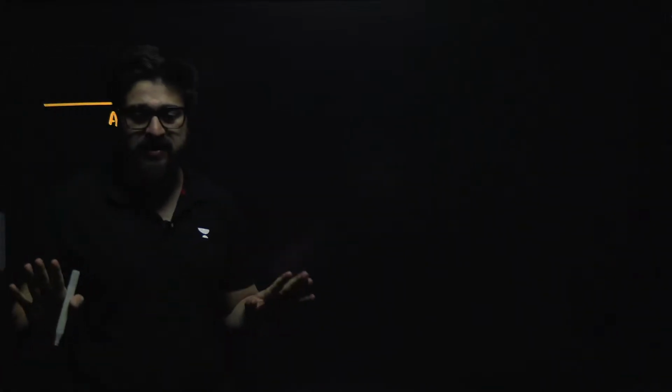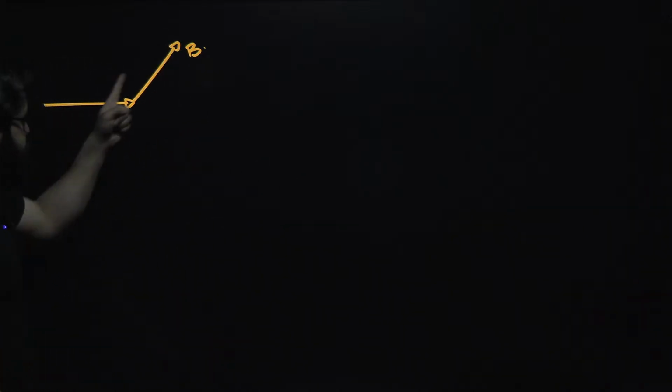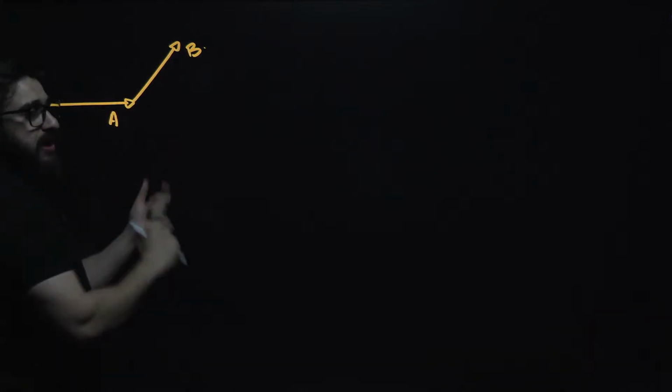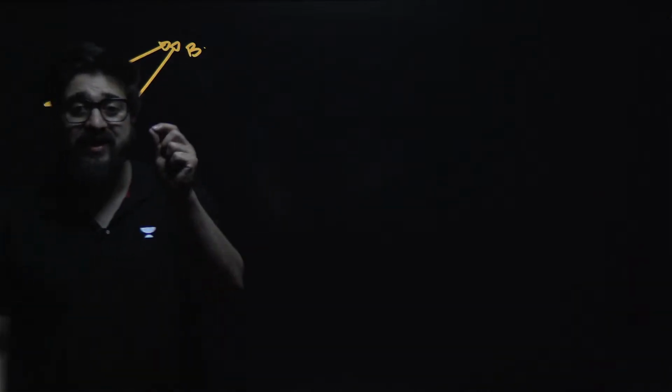The triangle law of vectors basically says, if we have got a vector, let's suppose A, and another vector, let's suppose B, and we have to find the resultant of these two vectors, if we have to add them, the law says that you make two sides of the triangle with the help of these two vectors. Then the resultant will be given by the third side.